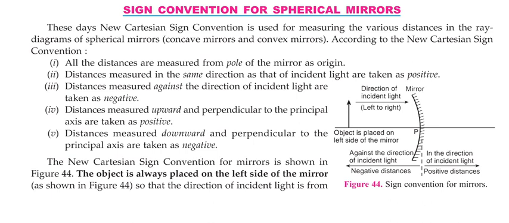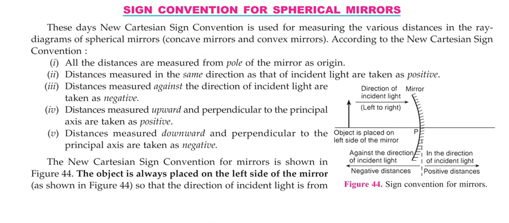So the second and third points mean that the object should always be kept on the left hand side, and the distances you measure on the left hand side from the pole should be taken as negative, and the distances on the right hand side should be taken as positive. Right hand distances are positive and left hand distances are negative.